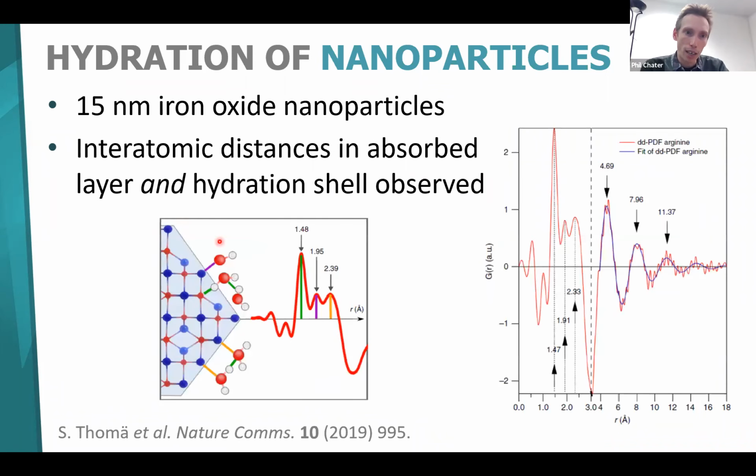And here we were able to extract meaningful features corresponding to hydration shells on top of the nanoparticle surface. There are a few caveats for this. You need to have well-behaved nanoparticles, so they can't be changing as a function of anything else happening around the system. But if you do have that, and you do the experiment very carefully, then you can extract this kind of meaningful information, which is not very accessible by other methods.